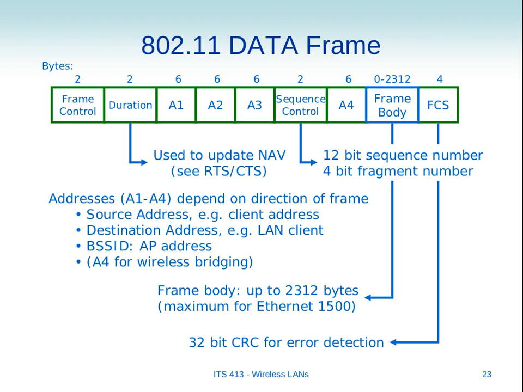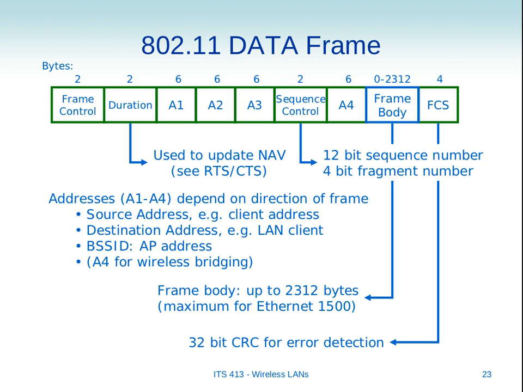If I want to send something to the PC, my laptop is the source address. The PC is the destination address. And the access point MAC is the BSS ID, the access point address. So in fact, we have 3 addresses here. The immediate source, the destination, and the access point.